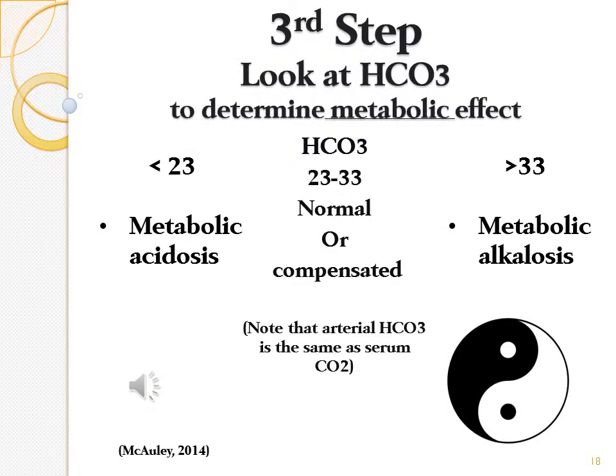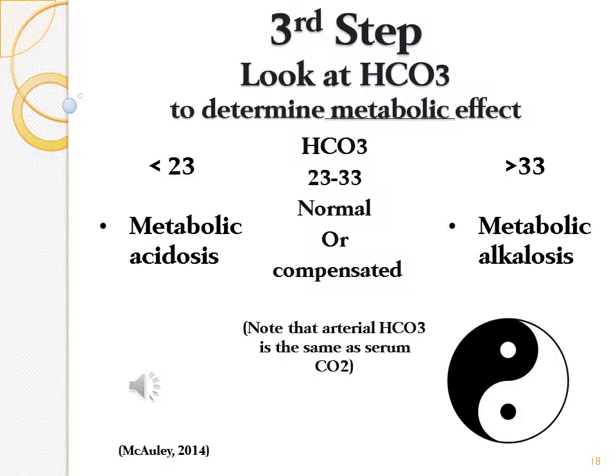The third step in analyzing ABGs would be to look at the bicarbonate level. This determines the metabolic effect. Your bicarbonate normal is 23 to 33, and this will be normal if the person's not having any issues or if they're compensating. If you'll notice, the bicarbonate level is the same as a serum CO2.